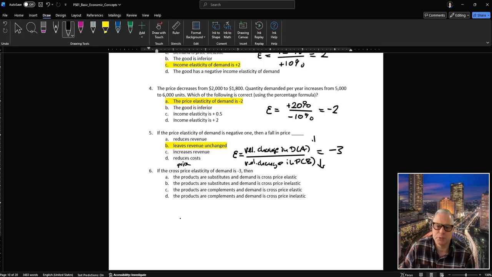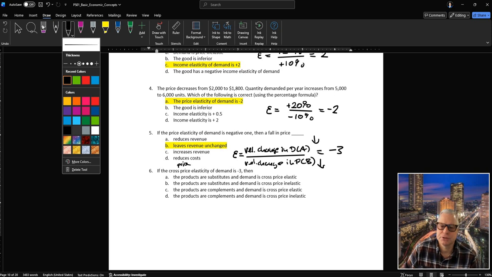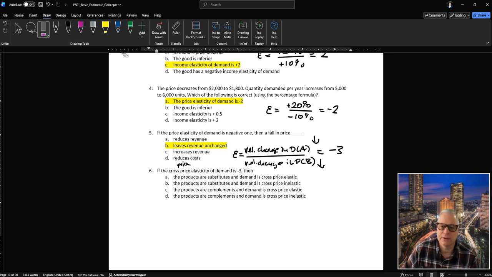So that also would go down. So they go in the same direction. So if it's a substitute, we should get a positive cross-price elasticity of demand.